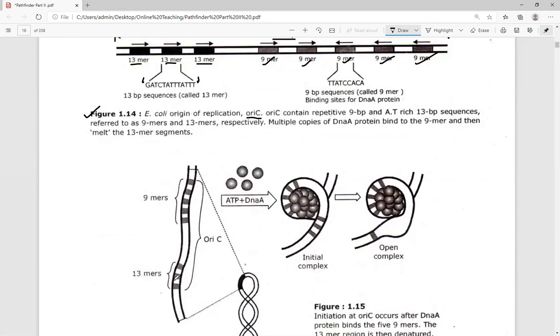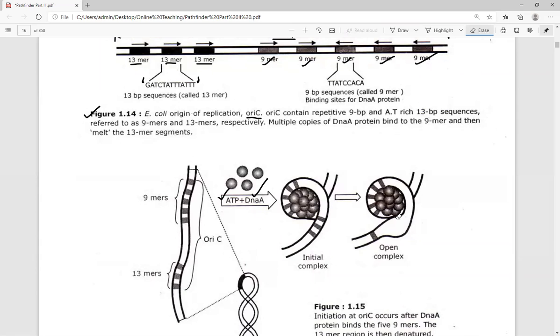If you look at the structure of this DNA, ATP along with DnaA is going to bind. It will form a helical, spiral structure, something like this. The protein binds within this structure, and once it is bound, it causes the melting of the dsDNA.